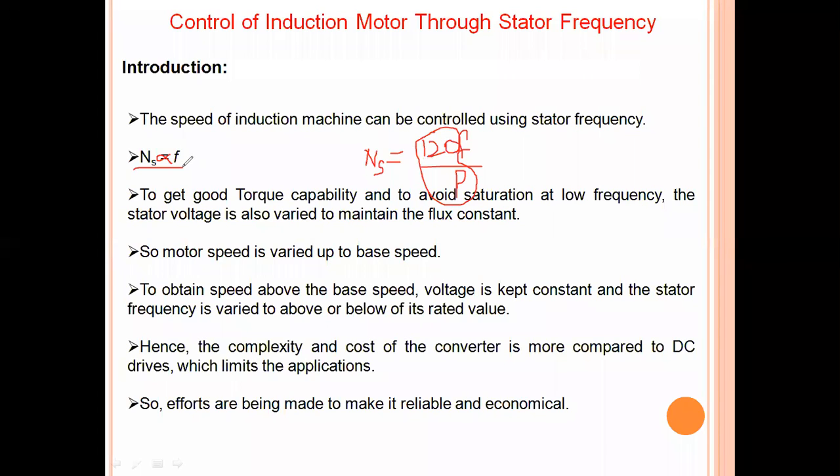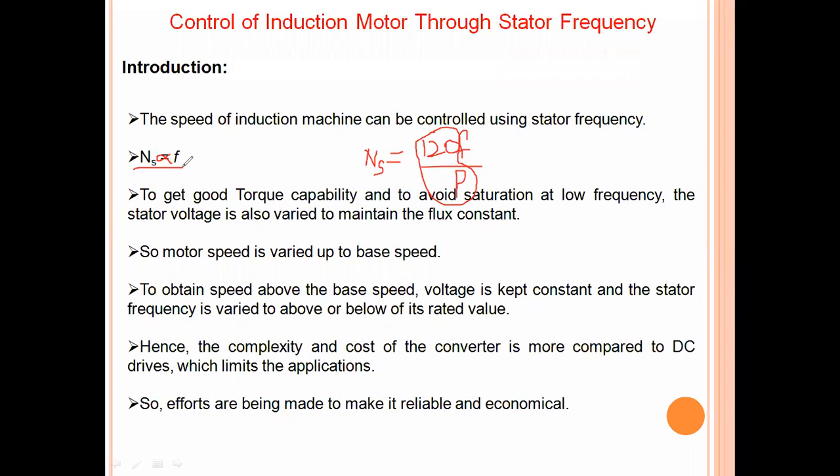And we can change this frequency with any of the converters, like cycloconverters, voltage source inverters, current source inverters and PWM inverters. Using any of these systems, we can control the frequency of the induction motor.